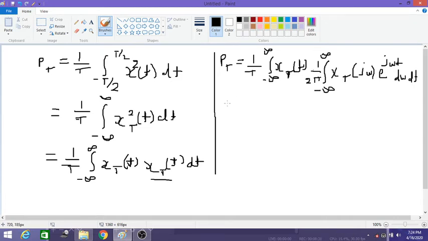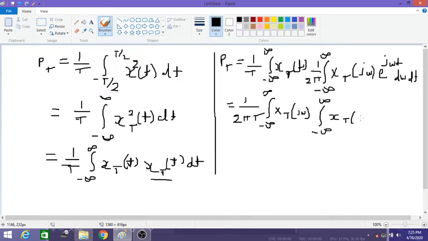Now if I interchange these terms, I'll get 1 by 2 pi T into integral from minus infinity to plus infinity of X_T of j omega into integral from minus infinity to plus infinity of x_T of t into e power j omega t into dt into d omega.